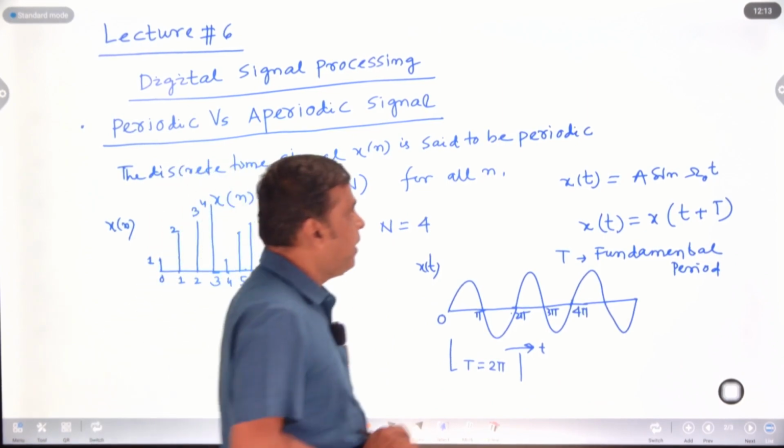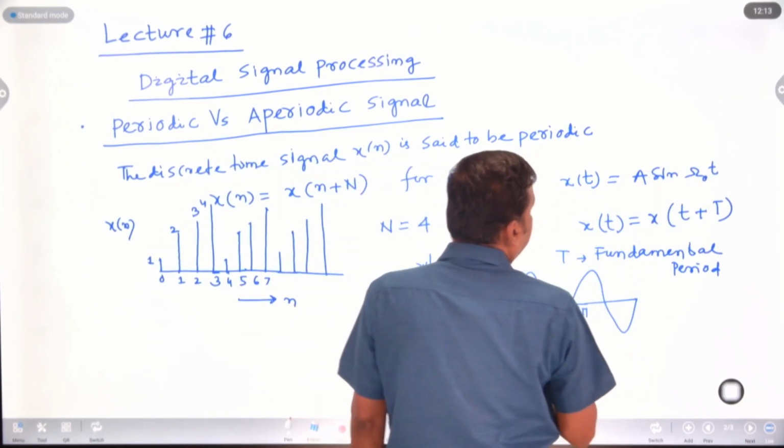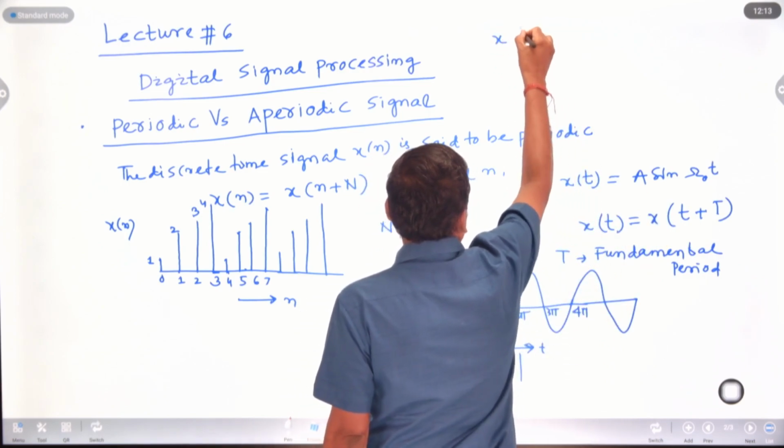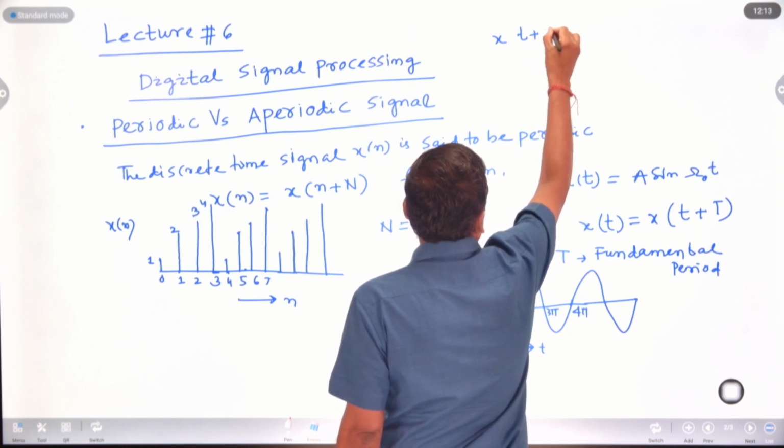For example, if x of t equal to a sin omega 0 t, then what is x of t plus capital T?